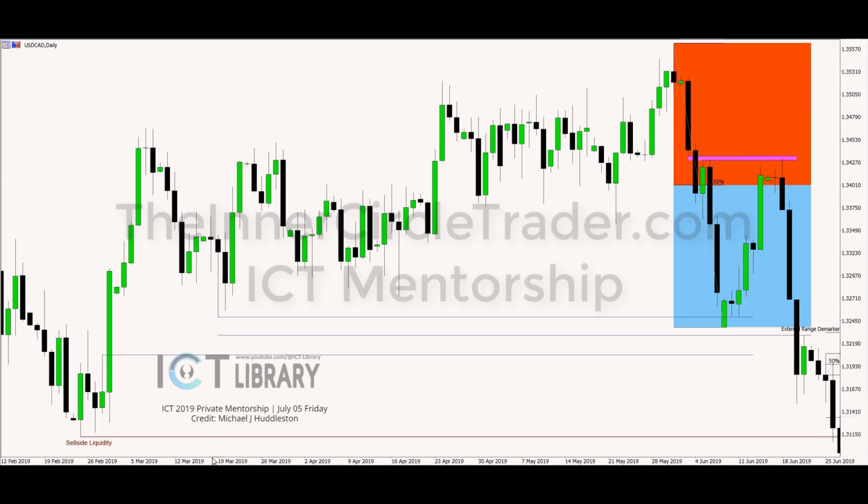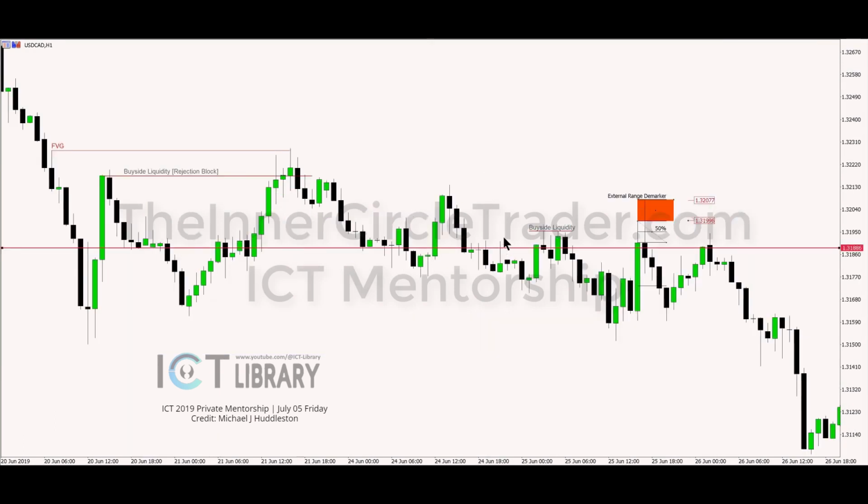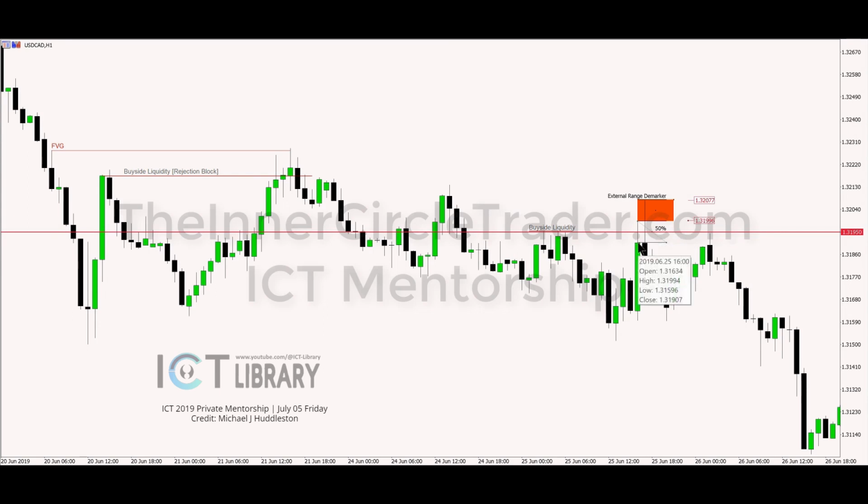So on the 26th, that 31.95 level would be our projected high of the day. It also works within the midpoint of this initial wick, as you can see here. So what you would do is you would now use the rejection block.